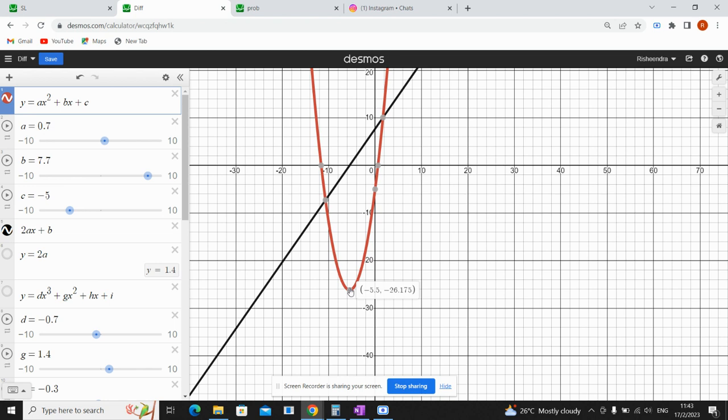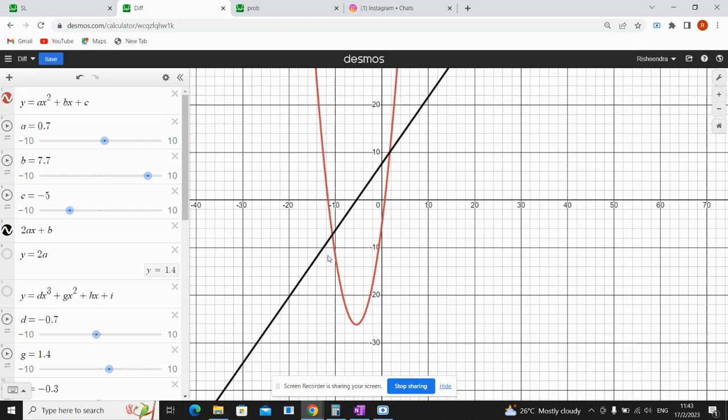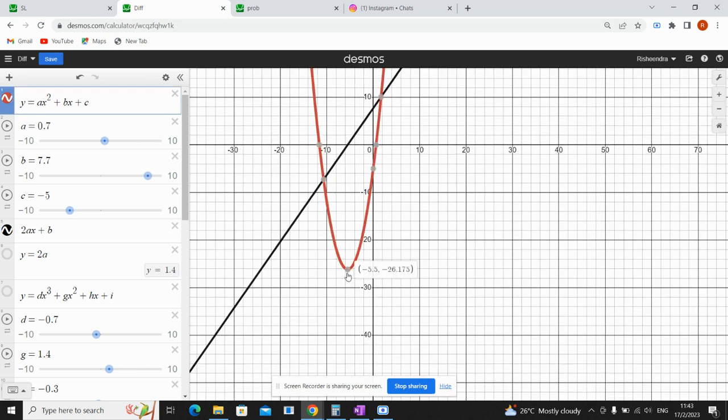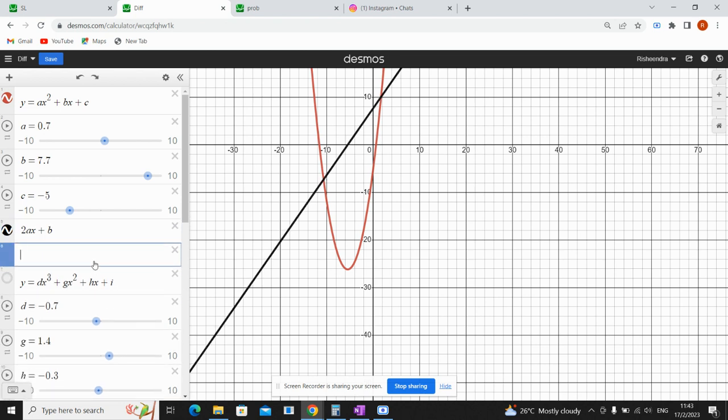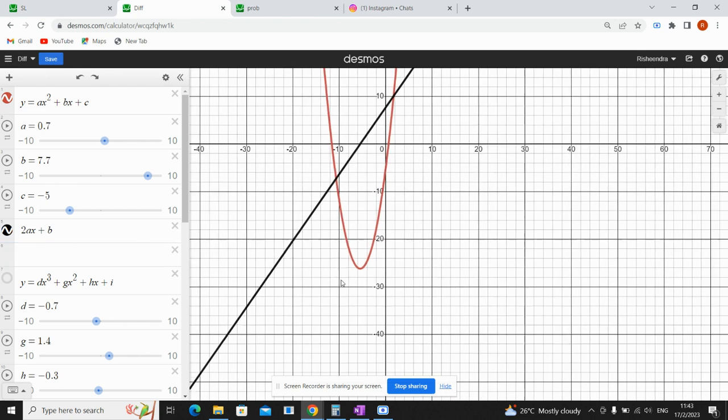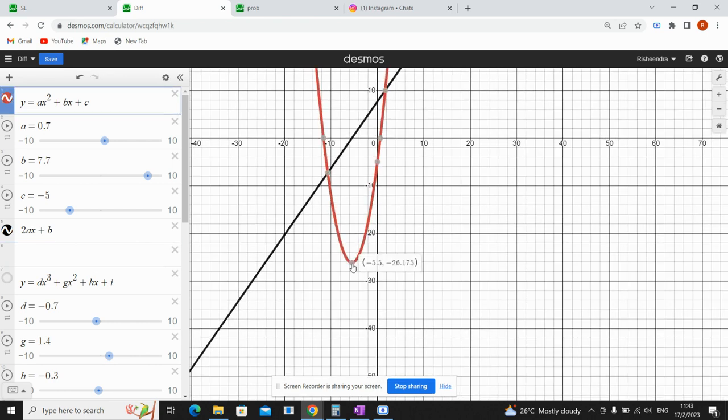This is the parabola, right? Look, the slope of this parabola is decreasing continuously, and at one point, whether the value is maximum or minimum, the slope will be 0. Let's draw a tangent to the graph here.